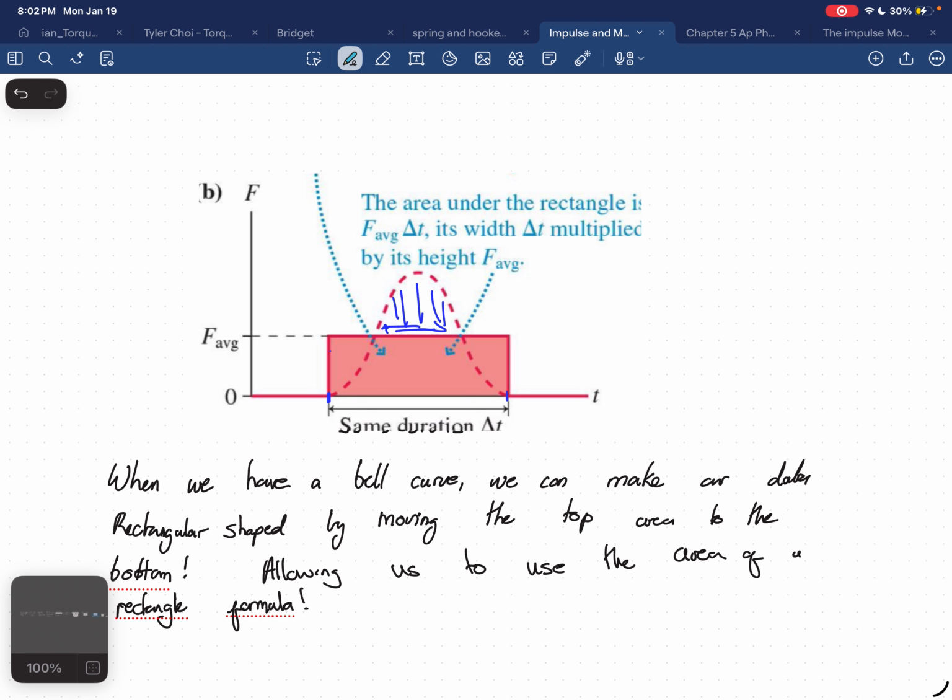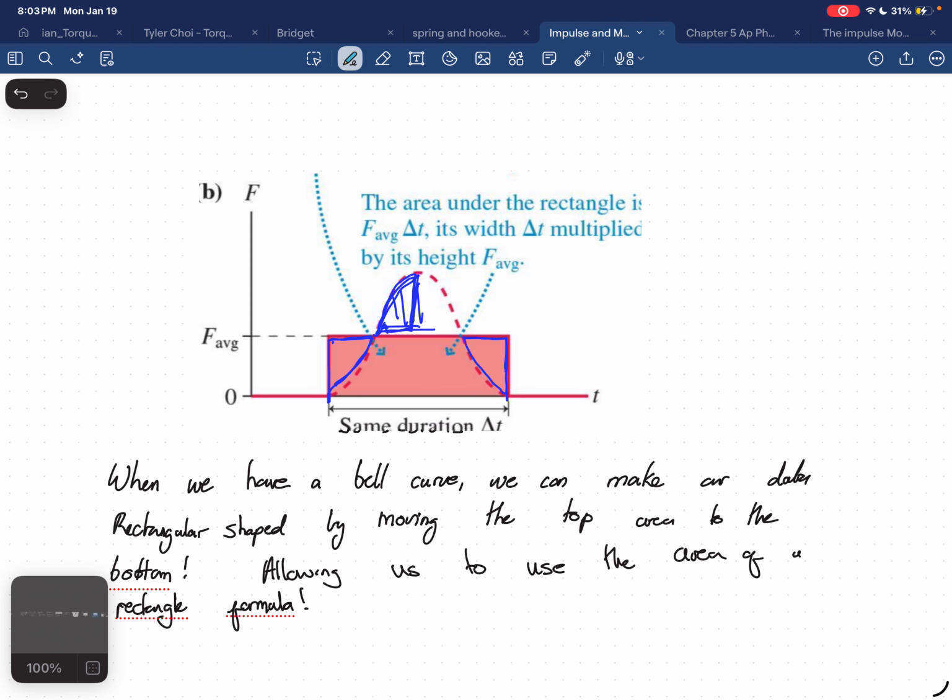All we're doing here is just manipulating the geometry of the bell curve. I'm saying bell curve because it looks like a bell. So these shapes are really just the same shape.